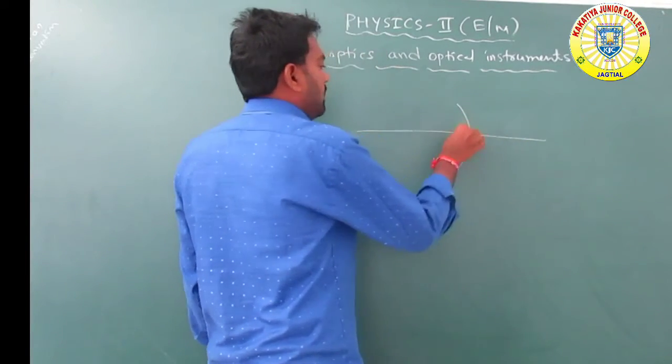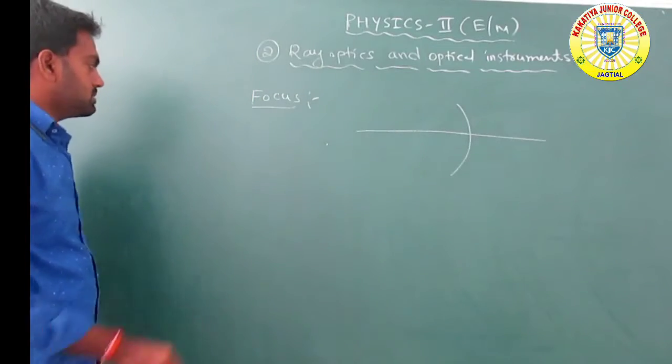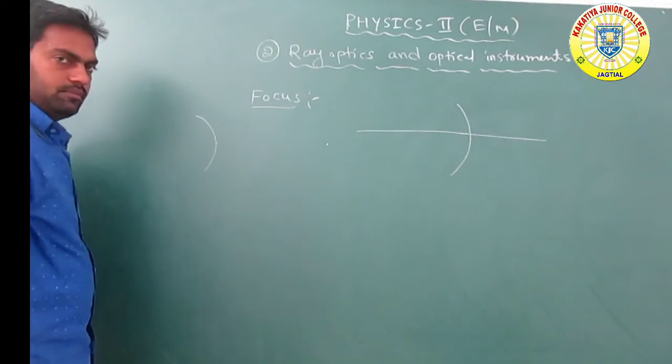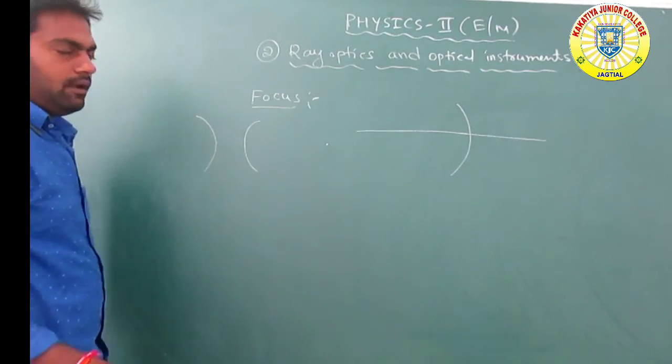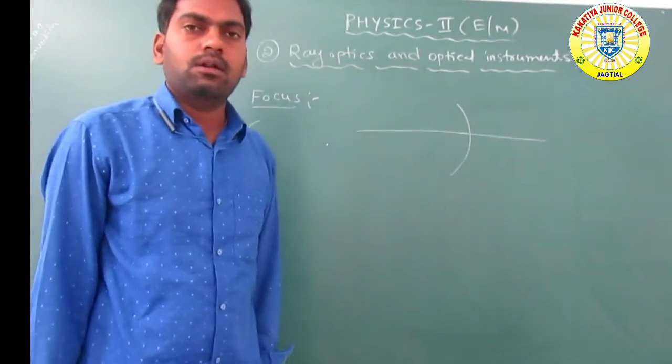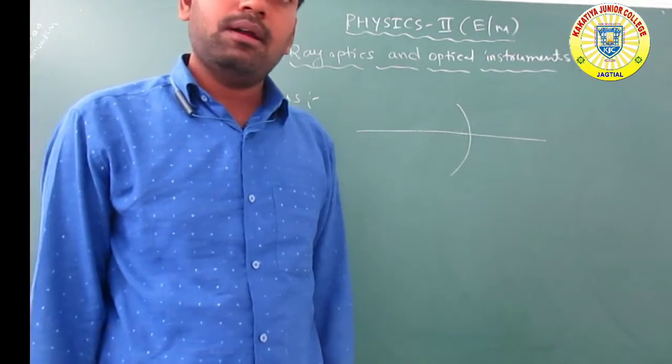This is a concave lens and this is a convex lens. We also discuss double convex and double concave lenses.